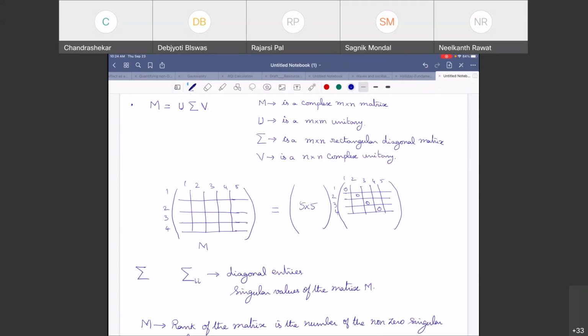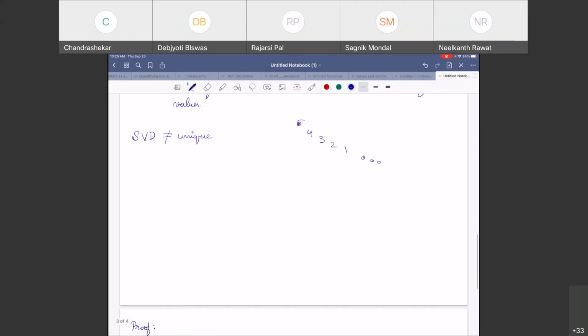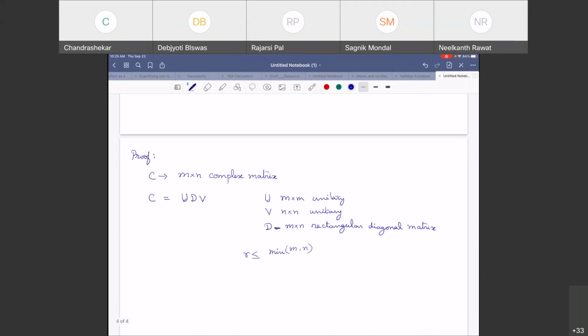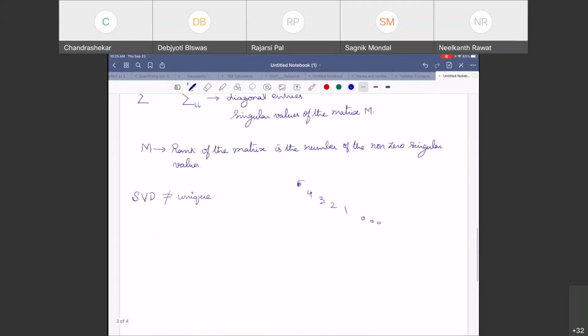If you start from 1,1, 2,2, there is 4,4, and beyond that you don't have anything. So between the rows and columns you choose the lowest number, and you can have as many diagonal entries as this minimum, but you can also have fewer because some of them can be 0.